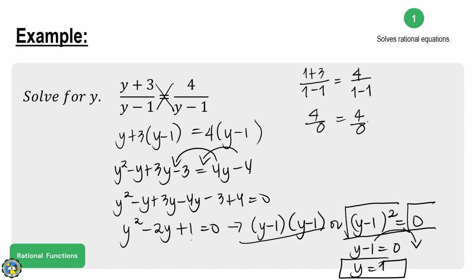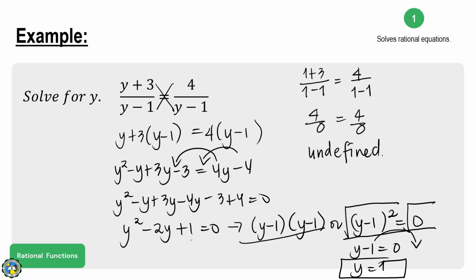So, what do we remember about this kind of equation? From our last discussion, we also encountered this kind of scenario. When our denominator is 0, we call that an undefined solution.